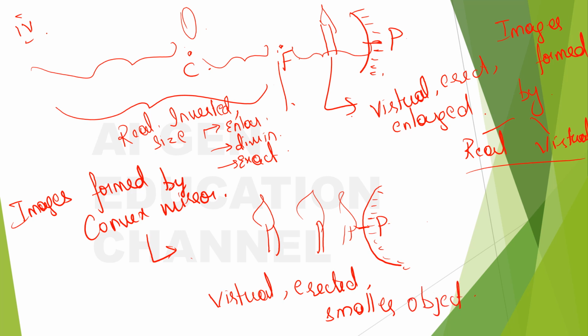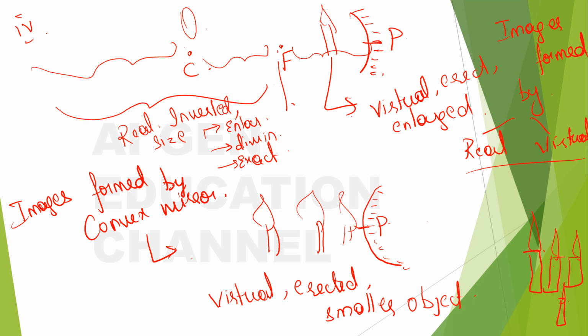It is because if the object size is this, whatever you get will for sure be smaller than the real object. Based on the distance, it will get further diminished, but it will surely be smaller than the actual object.